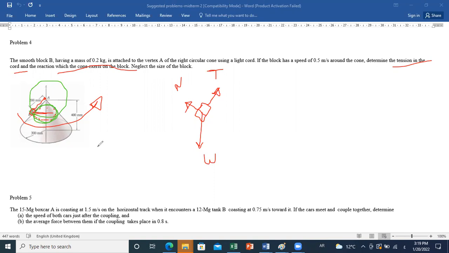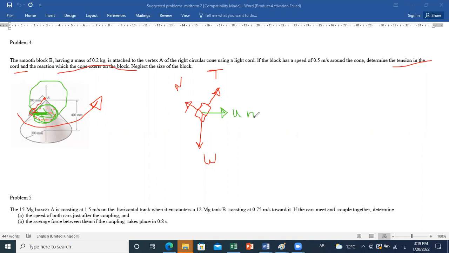So it's turning on a horizontal circle, this one, which is parallel to the base. So UN is directed towards the center of this circle. So it's along the horizontal line. So if I want to represent here, UN will be a horizontal vector. So this is UN.